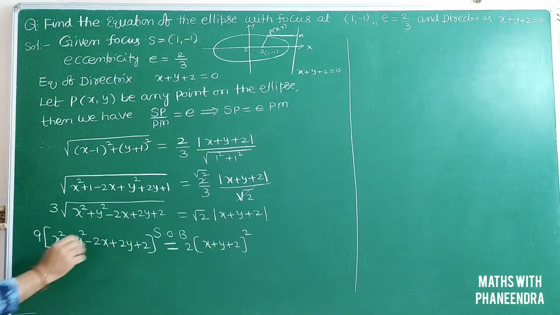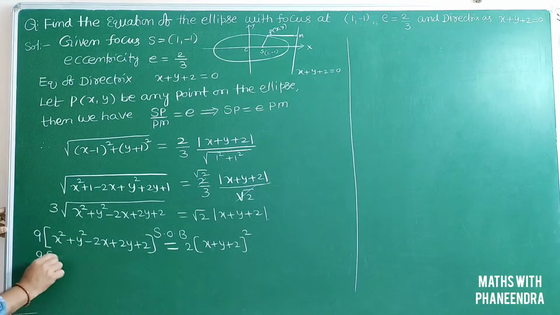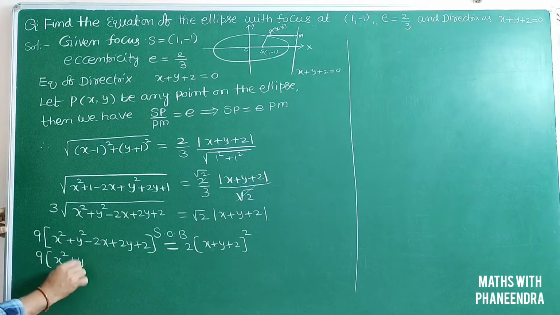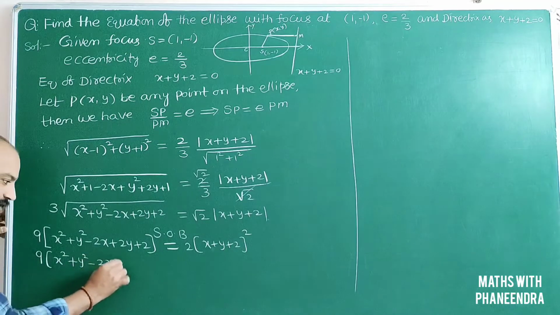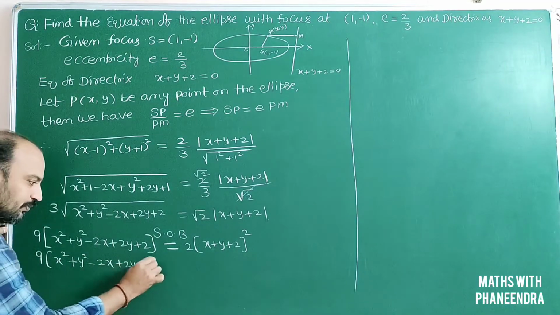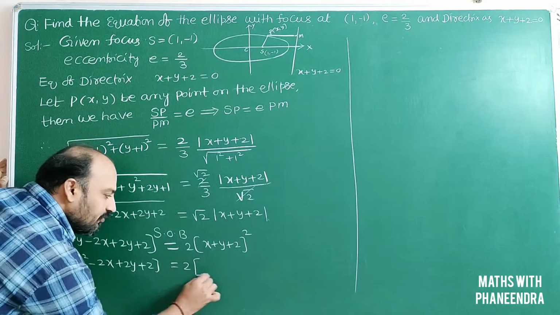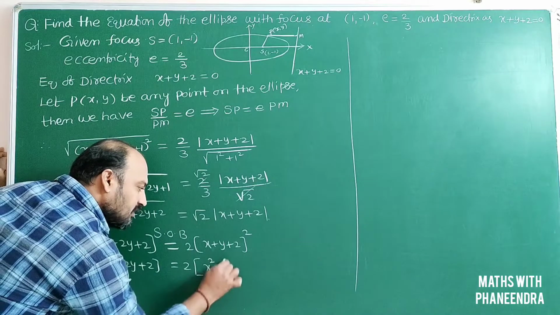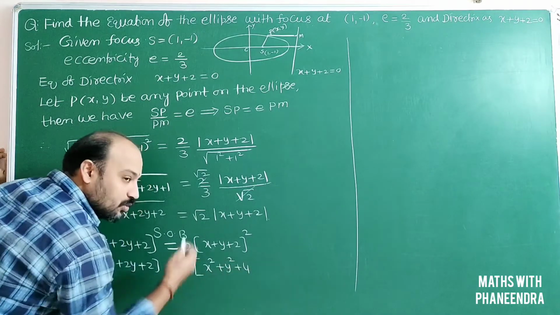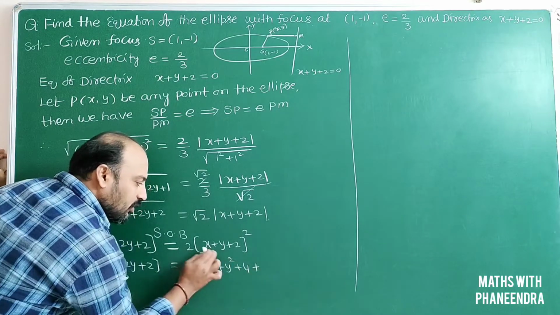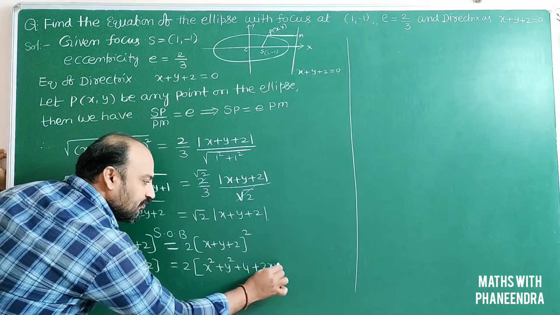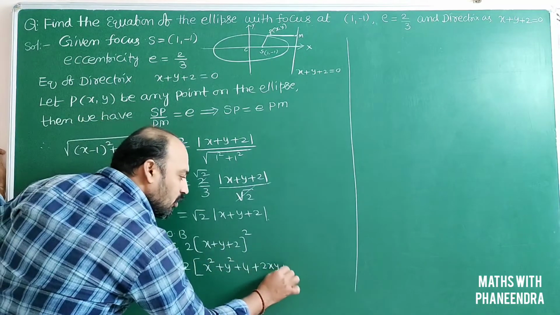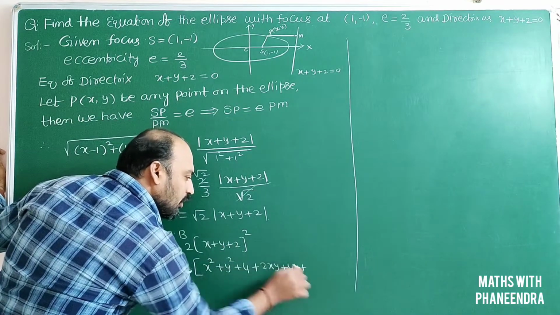So each and every term multiplying by 9 and keep it like this only: 9 into (x square plus y square minus 2x plus 2y plus 2). Then 2 into (a plus b plus c) whole square expansion: x square plus y square plus 4, that is 2 square, plus 2ab, 2 into xy is 2xy, plus 2 into 2y is 4y, plus 2 into 2x is 4x.